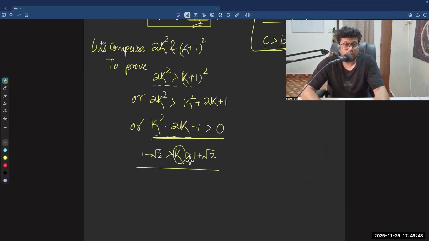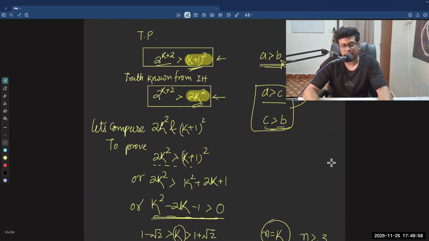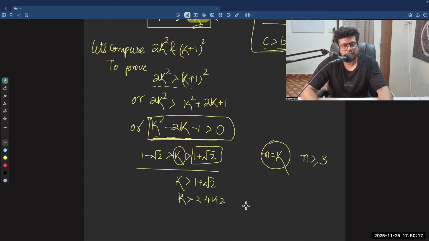The question is, k we have assumed to be equal to n, and n was always greater than or equal to 3. In our question, it said n should be greater than or equal to 3. Is this greater than 3? No, it is not. So for k greater than 1 plus root 2, this is always greater than 0, and this is about 2.4142. So of course, this is true for k greater than 3. If it's true for k greater than 2.4142, it should be true for k greater than 3.